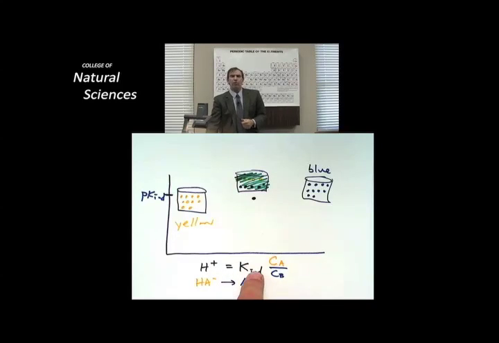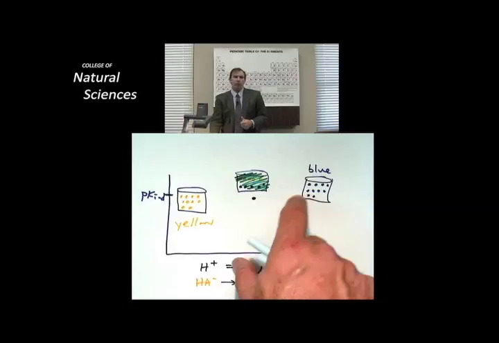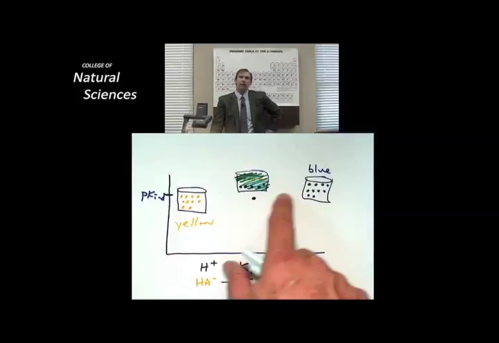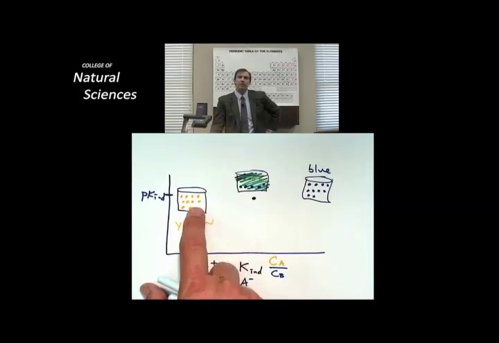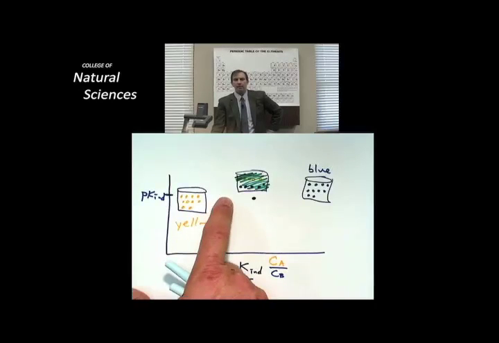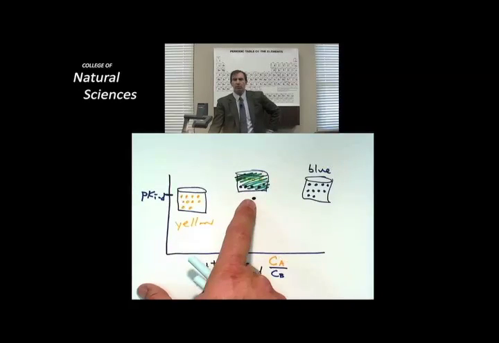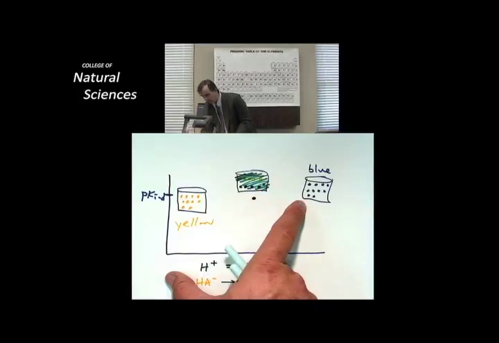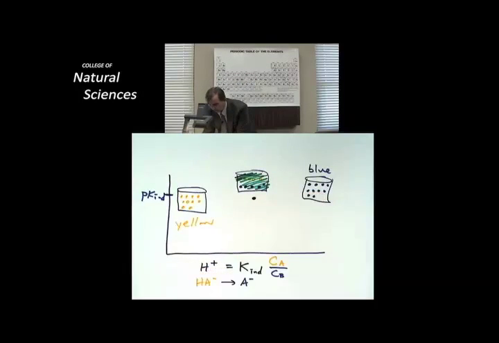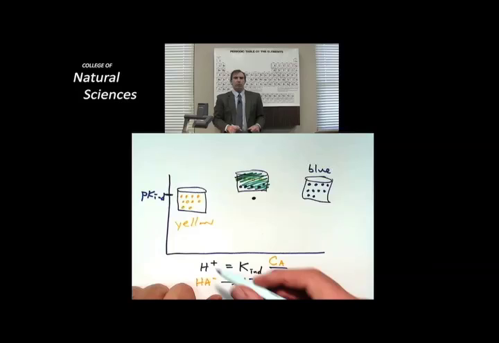What is the range over which this actually happens? Well, it's the range over which I go from all yellow to 90% to 80% to 70%, 60, and so on, all the way through. And over here, excess of blue all the way up to 100% or so of blue. That's a pH range typically of around 2 units or so.